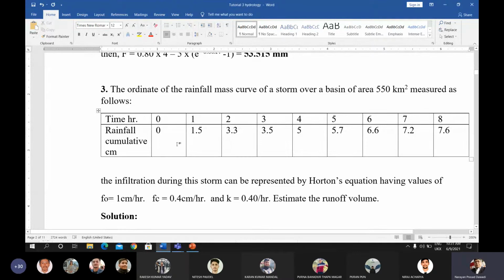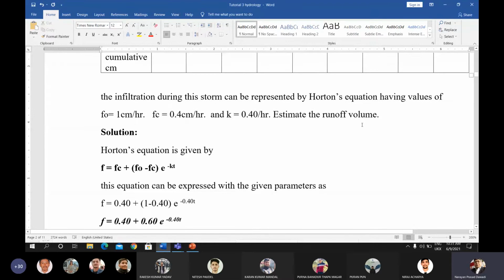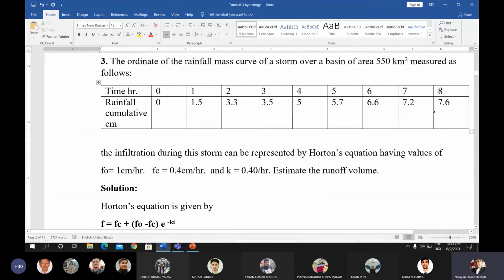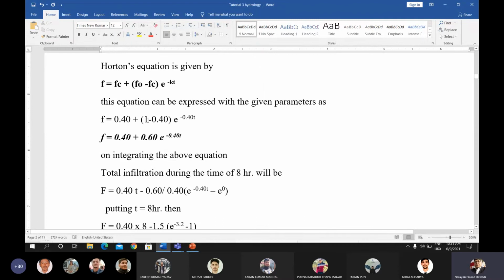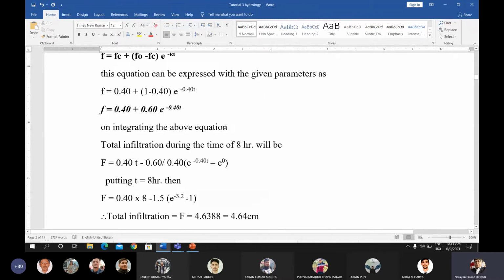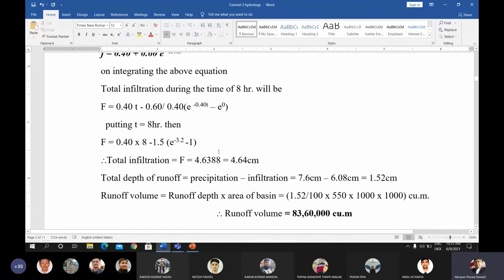According to this cumulative rainfall, from 0 to 8 hours, the total depth of rainfall is 7.6 centimeter, and from 0 to 8 hours, total depth of infiltration is 4.64 centimeter. That's why total depth of runoff is equal to precipitation depth minus infiltration depth, which gives 7.6 minus 4.64.